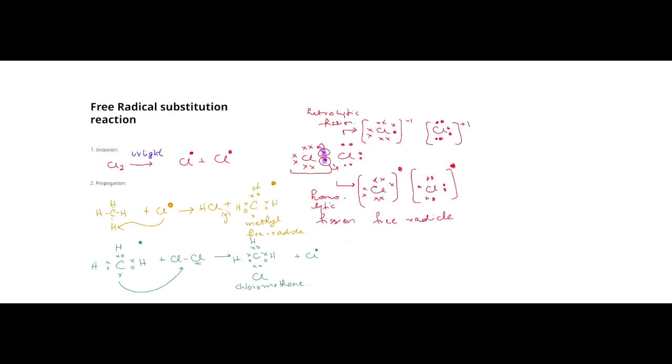See, we don't just want to break the bond and get a positive ion or a negative ion, right? We want free radicals. So in free radicals, what was the main thing? That the electrons were distributed equally. So to break the bond evenly, for that I need light.